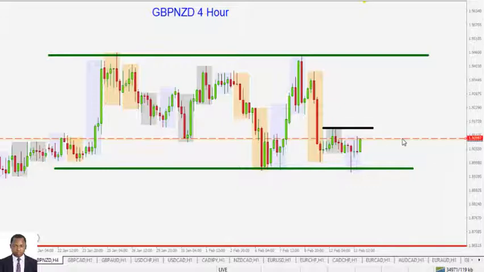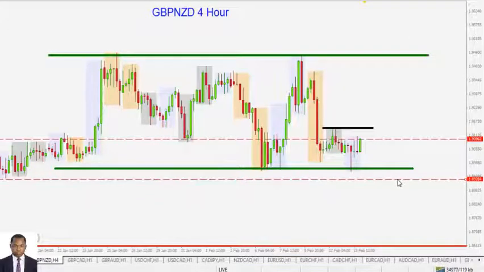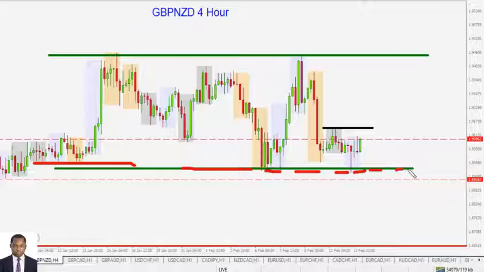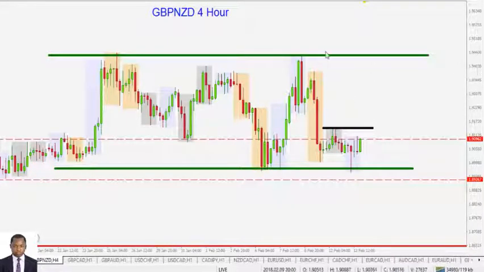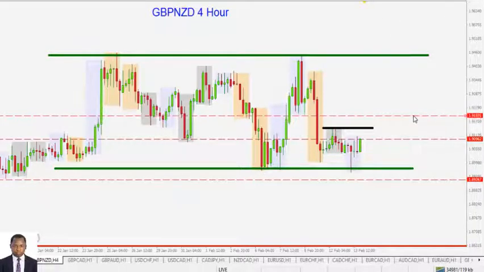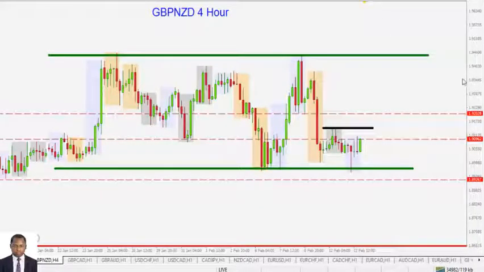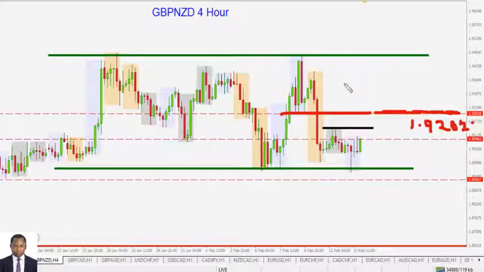Current price is the entry level. That's current price there. We are just going to place our stop loss a few pips below this level of support, just a few pips below that area of support. That's our stop loss level. The target level we are going to keep open, but if you are using a different approach to calculate your lot size, then this is going to be your first target level, the 1.9202 area.